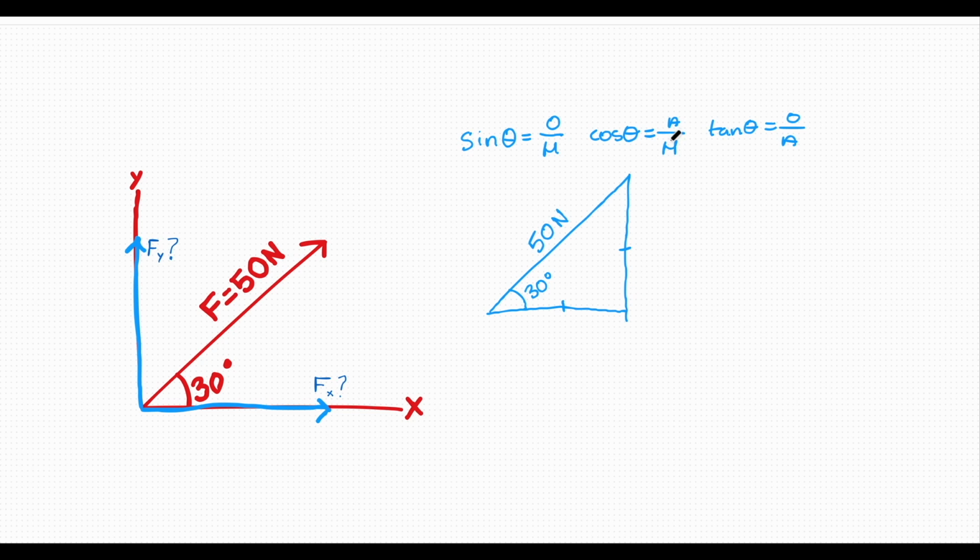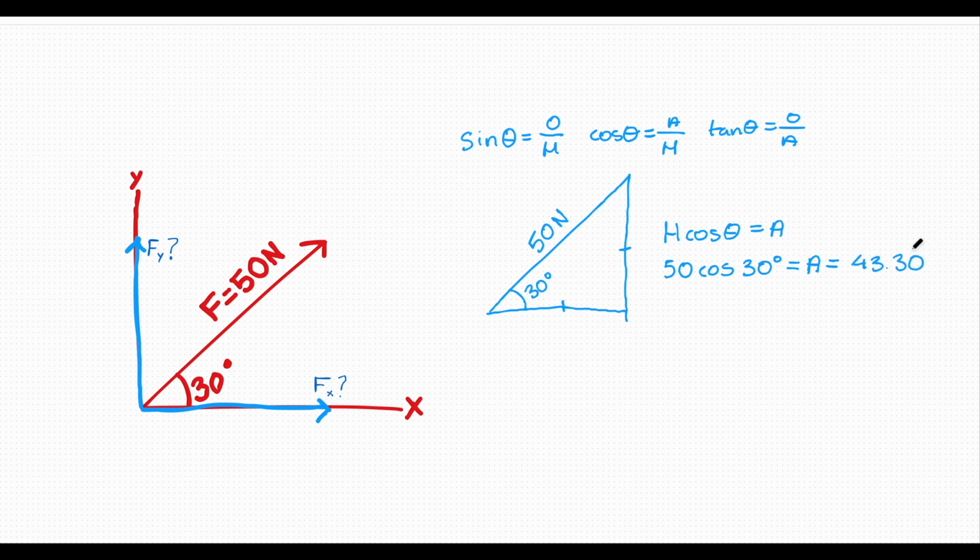And so if we rearrange it, if we multiply the hypotenuse to both sides, we get h cosine theta equals adjacent. So we already know what the hypotenuse is, and we already know the angle. And so hypotenuse is 50, cosine, and the angle is 30. And we should get the adjacent. And so our answer is 43.30.